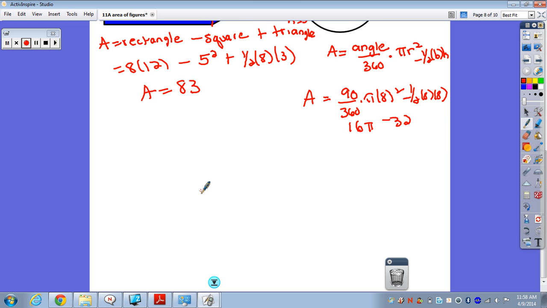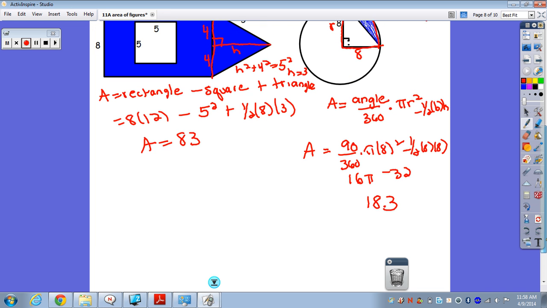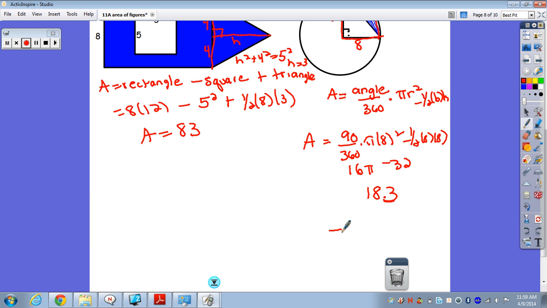And then again, you have to plug that in your calculator if you want to get it as a decimal, and you should get 18.3. The other way to find the area of the sector is you can set up a proportion. You could have done the angle over 360 is equal to the sector area over the total area, which is pi r squared.